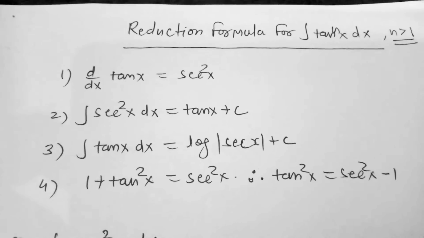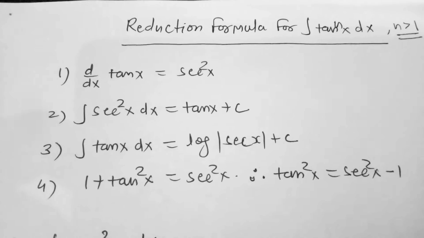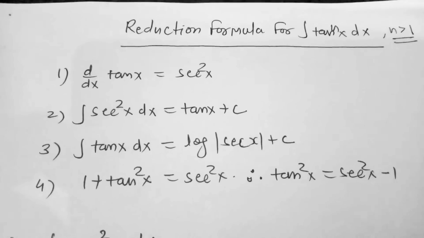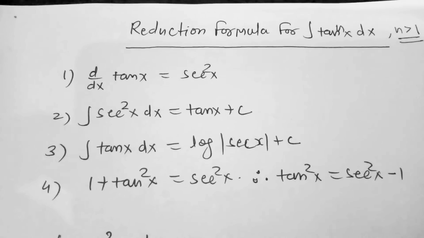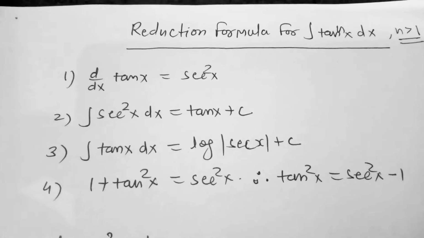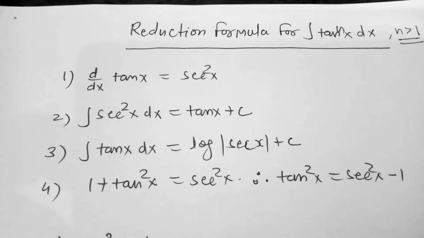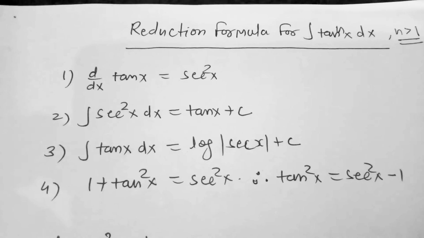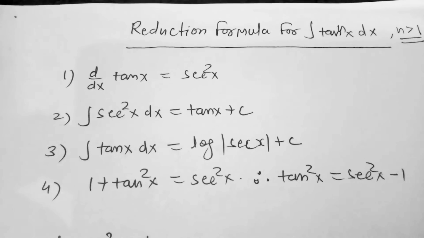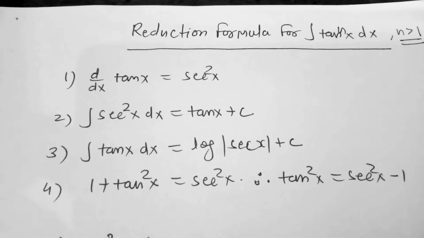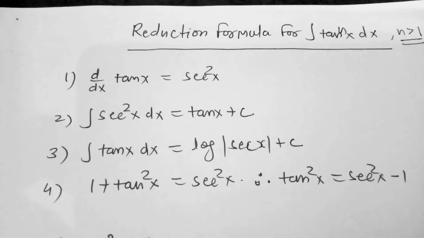So let's do it. For that we need some basic concepts. Here are the four basic concepts which are involved while deriving the process for the integration of tan to the power n x dx.